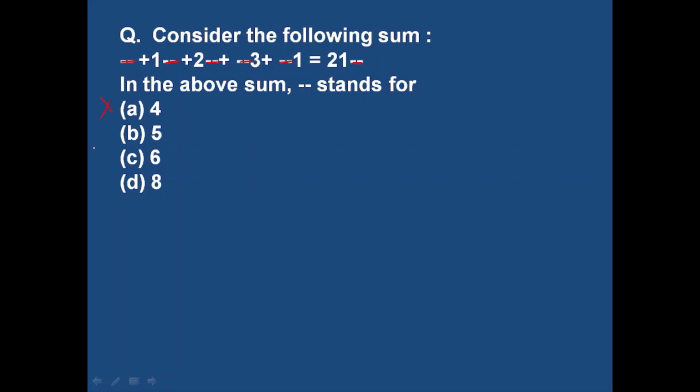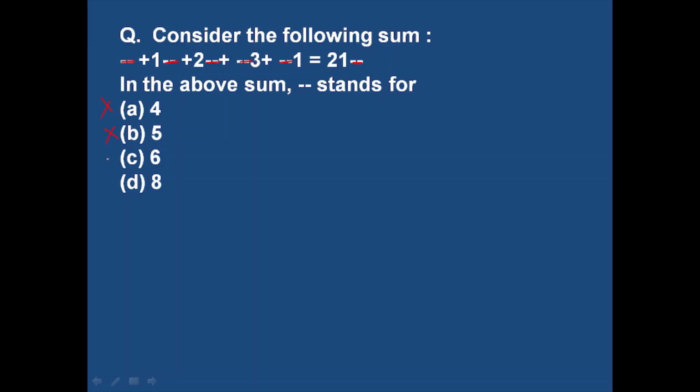So this cannot be the right answer. If we put here 5, then 5 plus 5, 10, 10 plus 5, 15, 15 plus 3, 18, 18 plus 1, 19. Here 9 is coming, but the unit digit should be 5 if B is the right answer. So B cannot be the right answer.